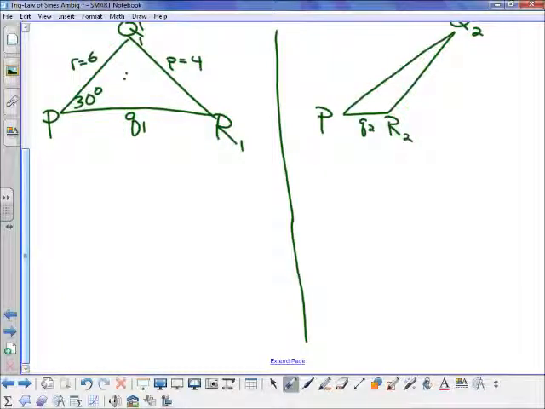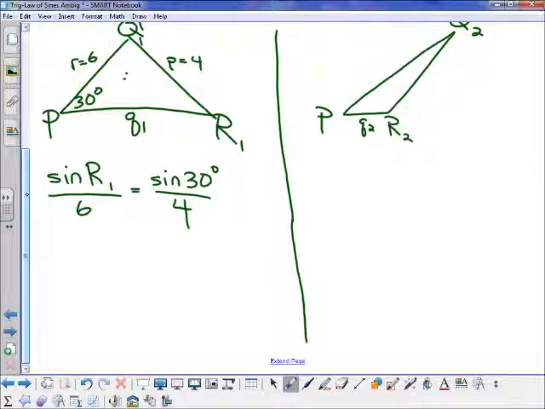So we need to figure out angle R1. Here's a case where I'm finding an angle. Sine R1 over its opposite side, 6, has to equal sine of 30 over its opposite side, 4. So I'm using the reciprocal version that I used in the last video because now I'm finding an angle first.